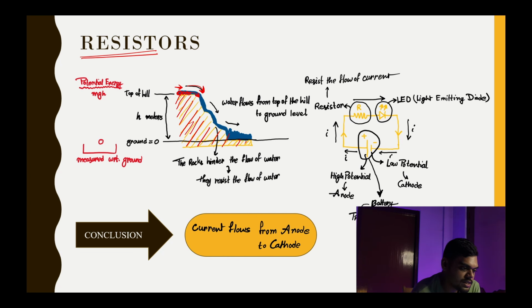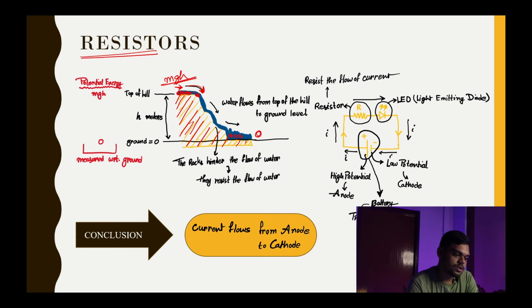At this area the potential energy is high, which is mgh, and at this area the potential energy is low, tending to 0. So the water molecules try to achieve minimum potential energy by reducing their height from the ground.